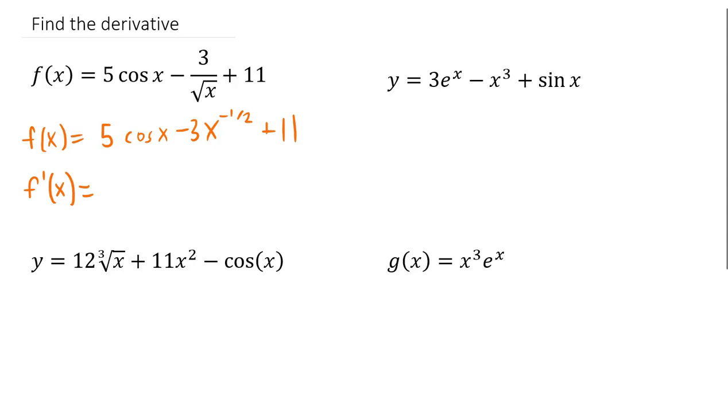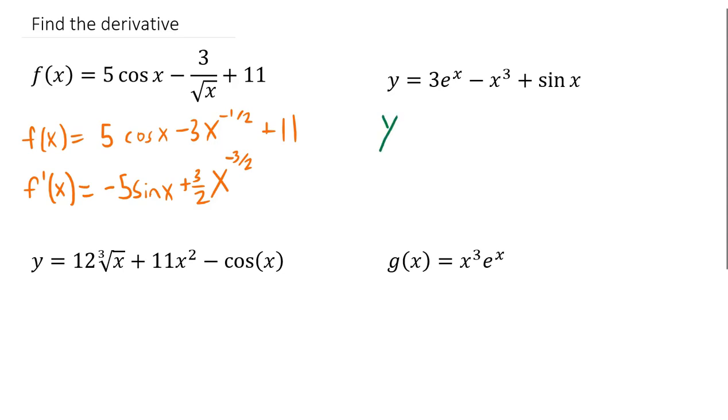Derivative of cosine is negative sine, so the derivative is going to be 5 times negative sine. This I use power rule, negative 3x to the negative 1/2. I do power rule, bring down the negative 1/2 and multiply it to the negative 3 to make plus 3/2. And then I make the power 1 smaller. Negative 1/2, 1 less than that would be negative 3/2. Derivative of plus 11 is derivative of constant is 0, so plus 0, or I don't even really need to write plus 0.